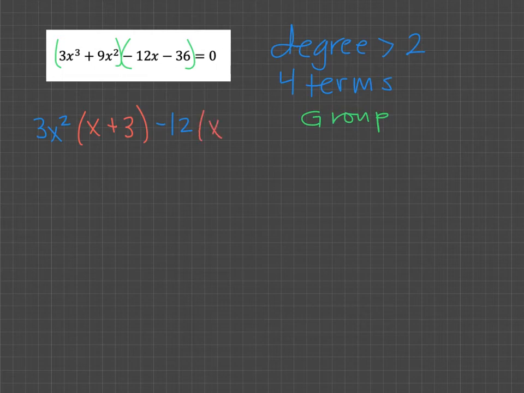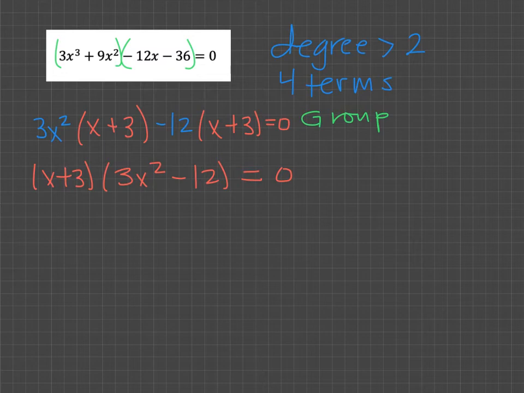If we take a negative 12 out of negative 36, we're left with a positive 3. And so we've got that x plus 3. We bring that out in front, and then writing down what's left in the other factor, 3x squared minus 12.